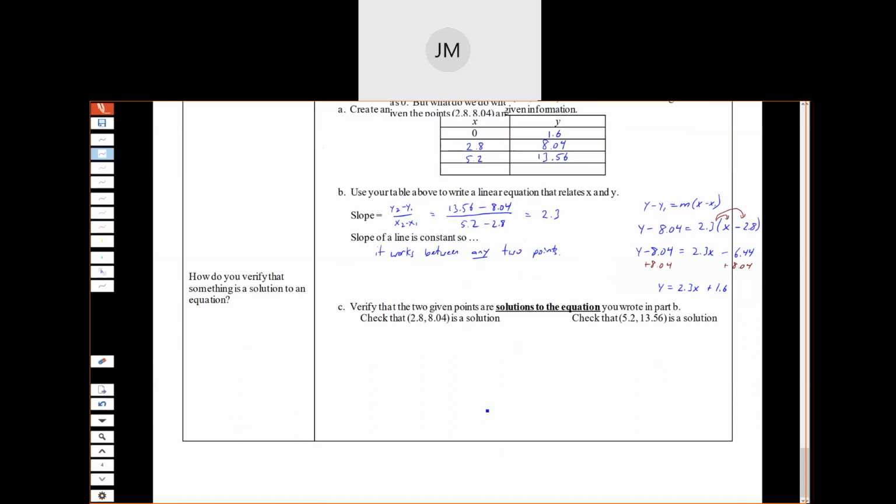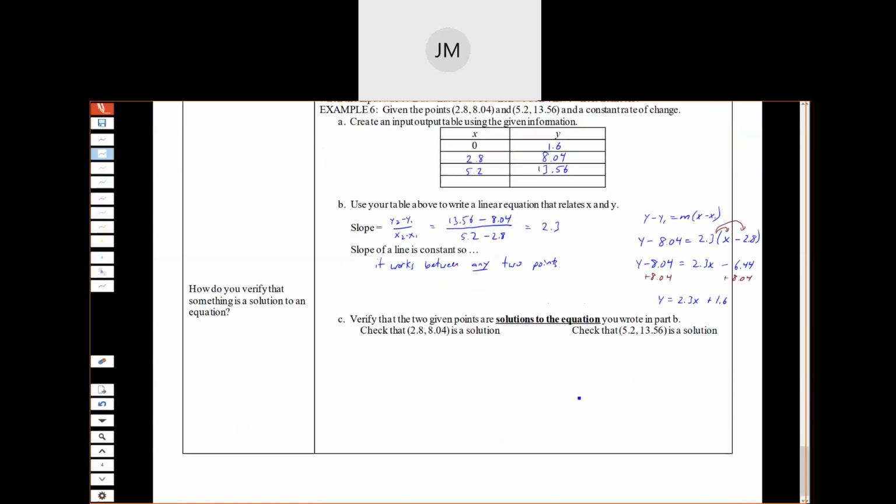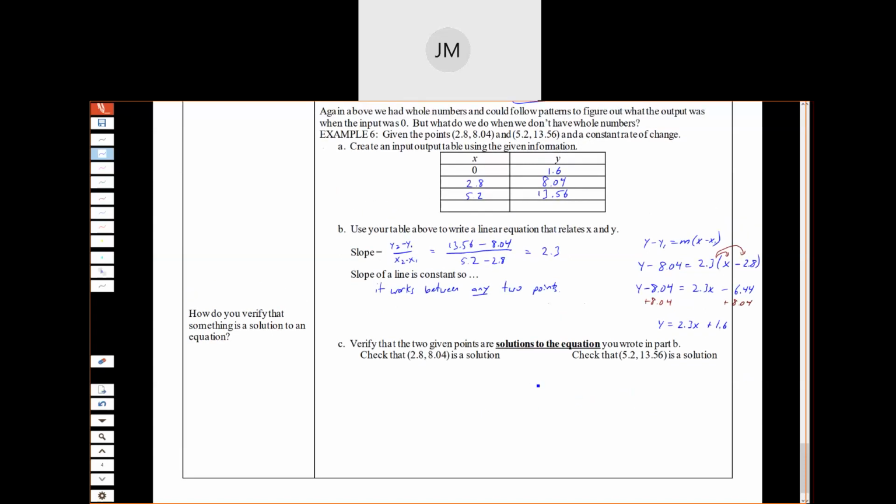Okay, now connecting back to something that we did in an earlier section, let's suppose I want to verify that my equation is actually correct. I was given these 2 points. What I can do is I can plug them into my equation and see if it's a true statement, right? So remember, this is an x value and a y value. So I can plug them in, right? I'm going to use y equals 2.3x plus 1.6.